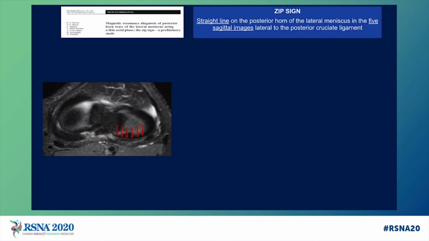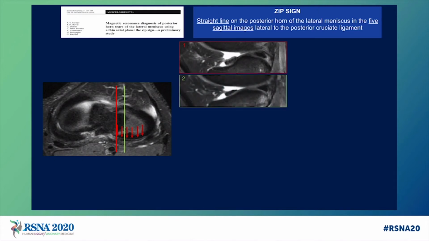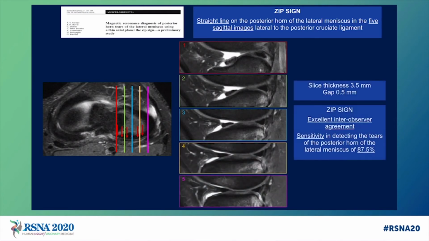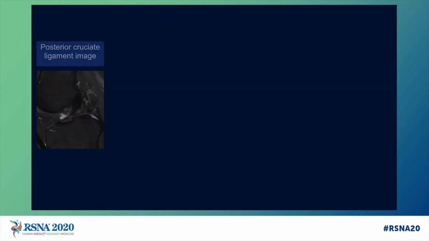The zip sign is this straight line on the posterior horn of the lateral meniscus that is present in 5 consecutive sagittal images lateral to the posterior cruciate ligament image, as we can see here. The zip sign presents an excellent inter-observer agreement with a sensitivity of almost 90%.